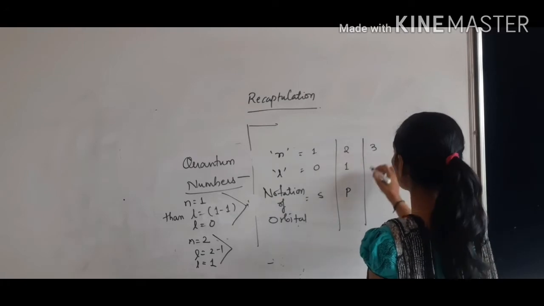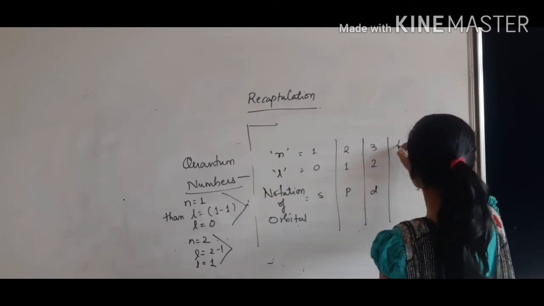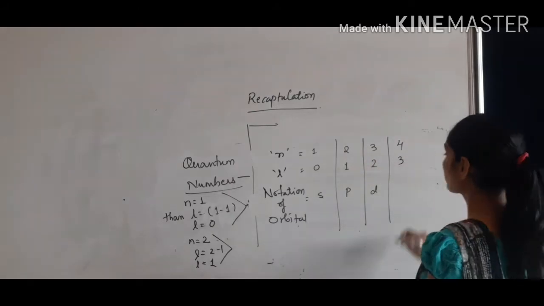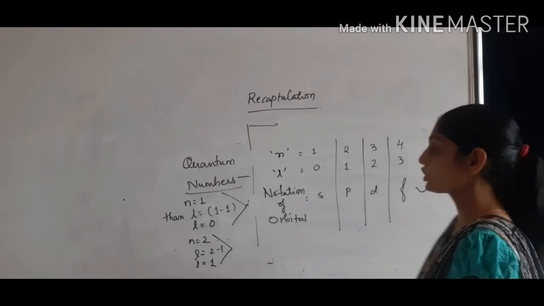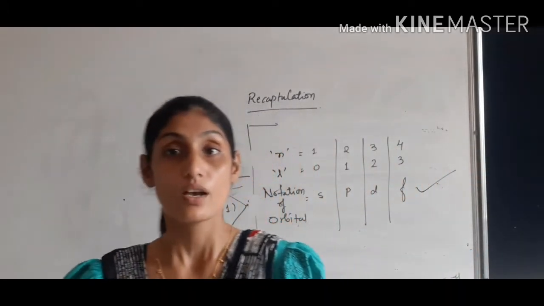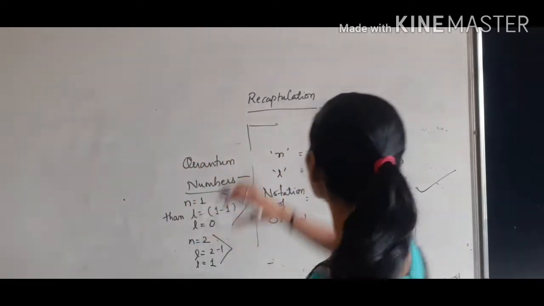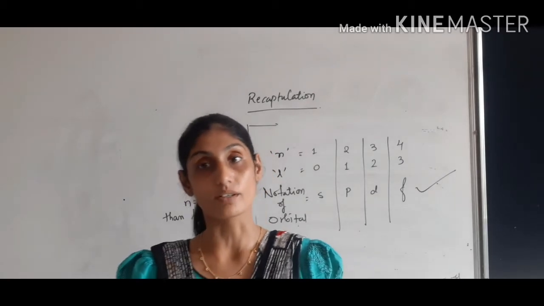If n is equal to 3, l is equal to 2, then d. And if n is equal to 4, l is equal to 3, then f. So that is s, p, d, f. Till the 11th class we have to learn about this. That is about the quantum number known as the azimuthal quantum number.